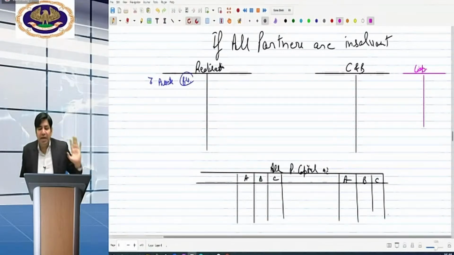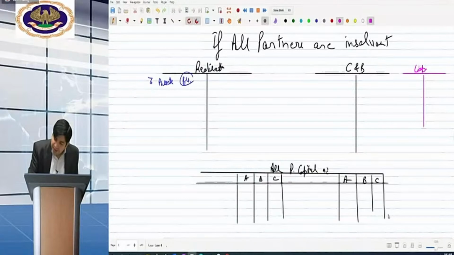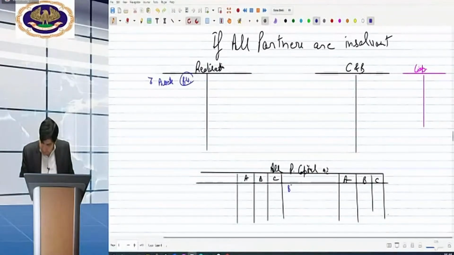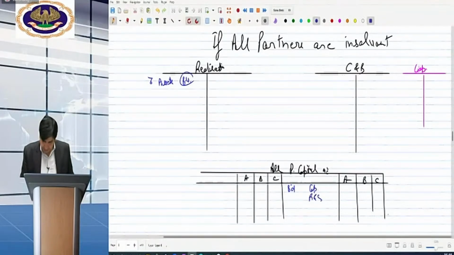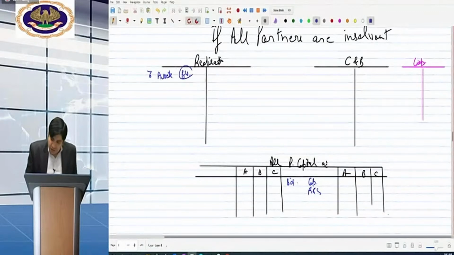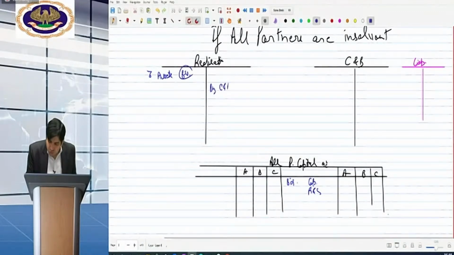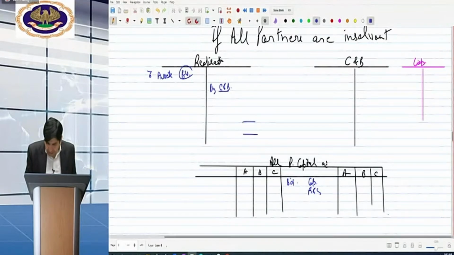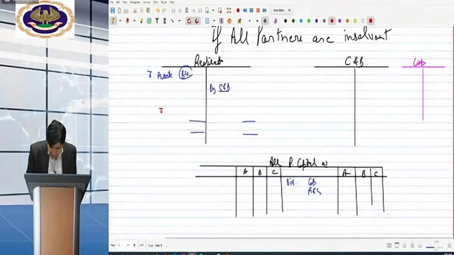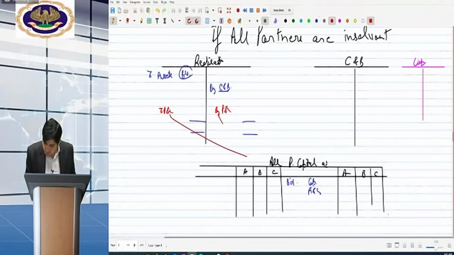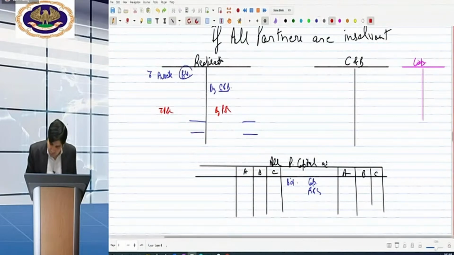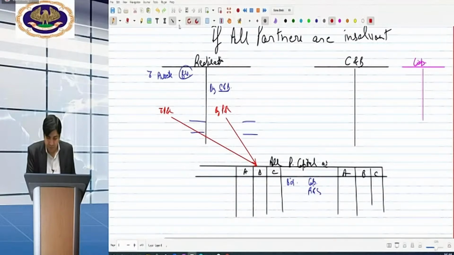Same as what we have done in that case, Abdul. Balances are there, whether capital balance or reserve and surplus balances. Now, first we have to realize the assets to collect the cash. And the profit or loss, whichever there will be, has to be shifted to all the partners' capital accounts, number 1. Okay.